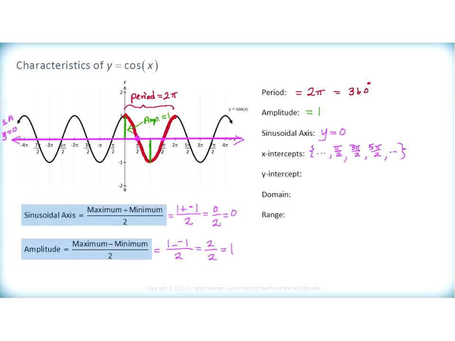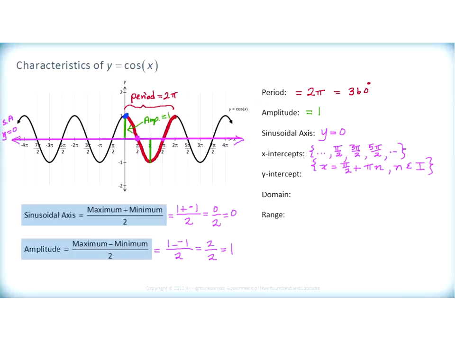Notice to get from one x-intercept to another, we add 2 pi over 2, which is just pi, so multiples of pi to get from one to the other. So we say that the x-intercepts are given by pi over 2 plus pi n, where n belongs to the set of integers.